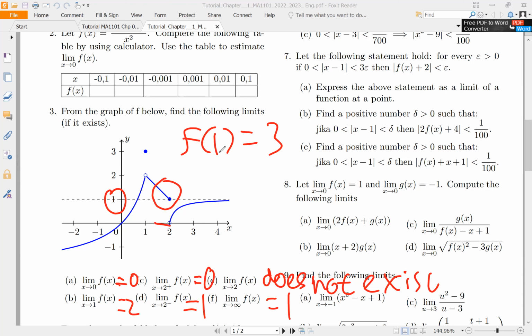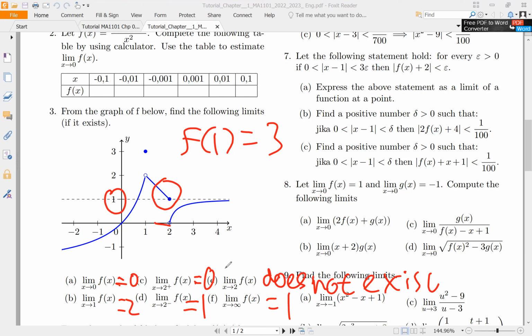And in this case, you'll see that the limit here is the behavior of the function close to 1, but we can omit the value f(1) itself. Okay. And in this case, f(1) equals 3. You may see the dot here. The dot here denotes that the value of f(1) is 3.